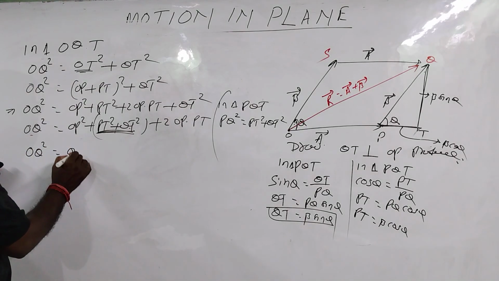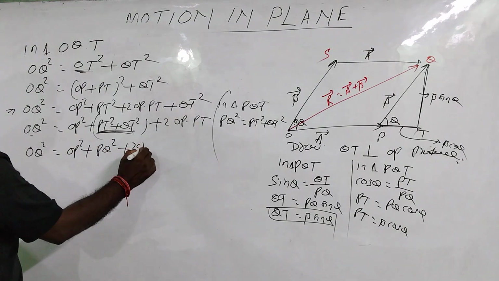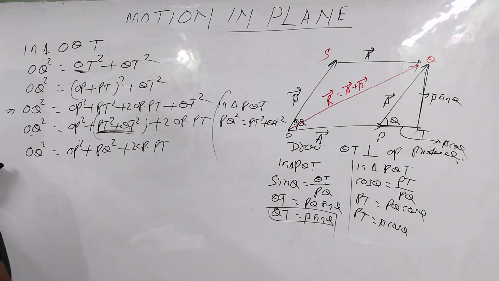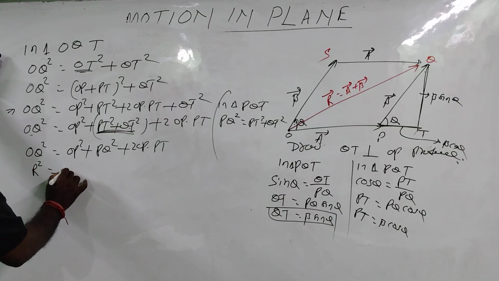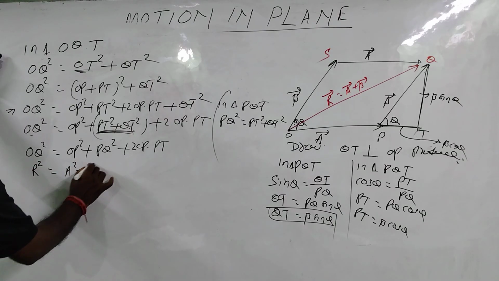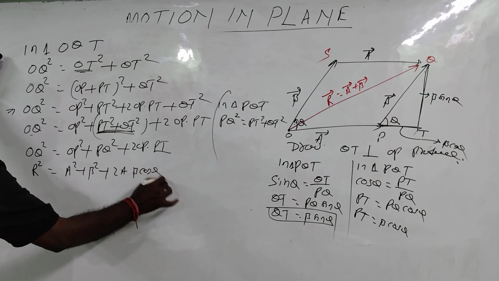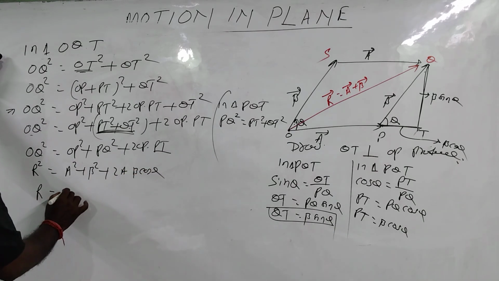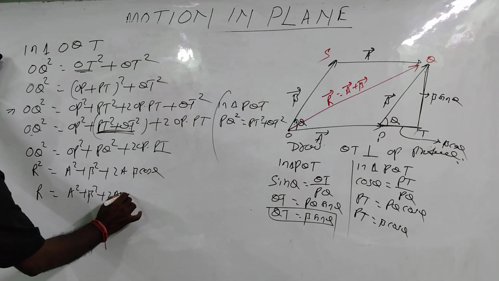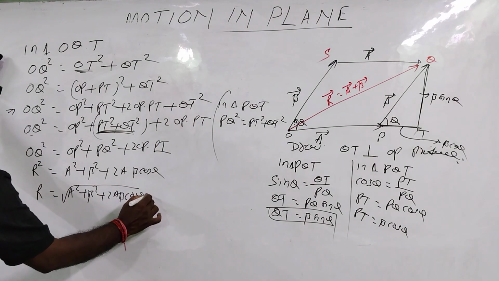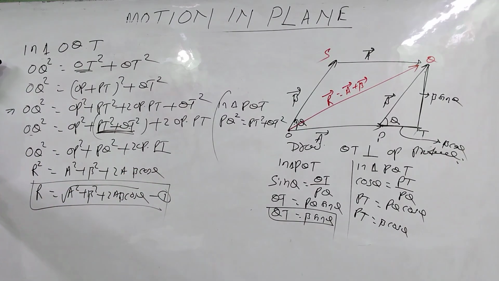So OQ square equals OP square plus PQ square plus 2 OP times PT. Putting values, R square equals A square plus B square plus 2A times B cos theta, and R equals the root of A square plus B square plus 2AB cos theta. This is equation 1.